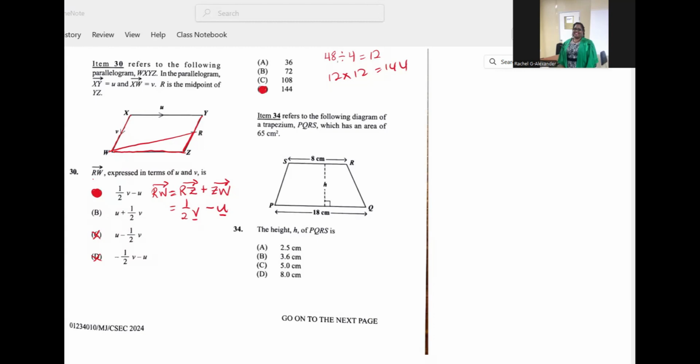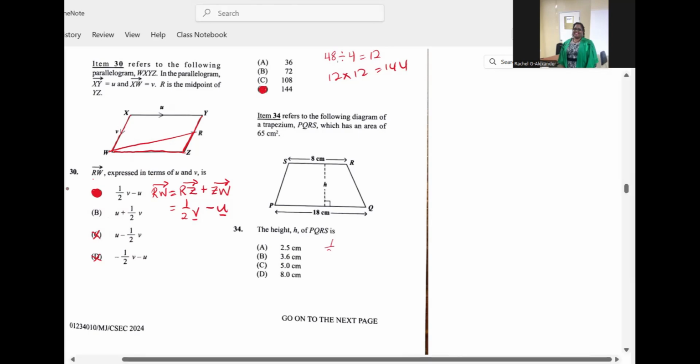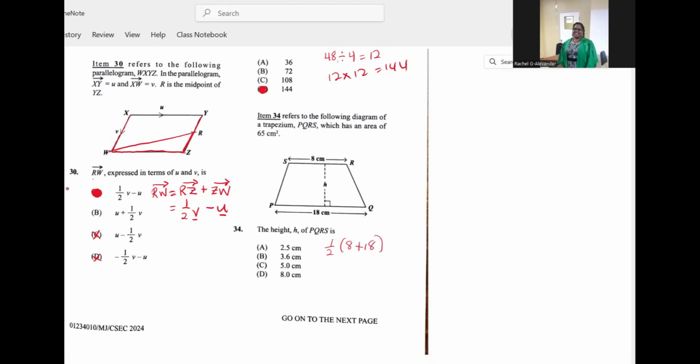Item 34 refers to the following diagram of a trapezium PQRS, which has an area of 65 centimeters squared. The height h of PQRS is what? Okay, so the area of a trapezium is in your formula sheet. It is a half the sum of the parallel sides, which they call A and B in the formula, multiplied by the height.